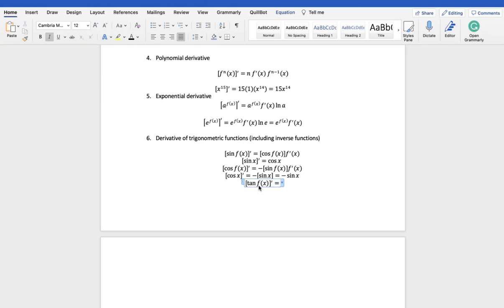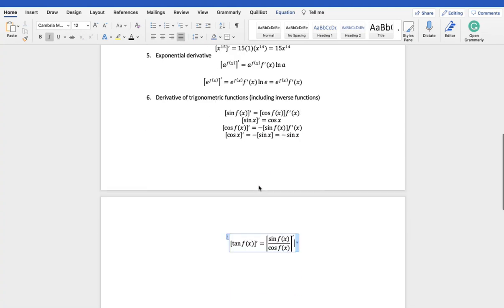Remember, tan is just sine over cos, so it's basically the derivative of sine of f of x over cos of f of x. That's the derivative that you're trying to find.